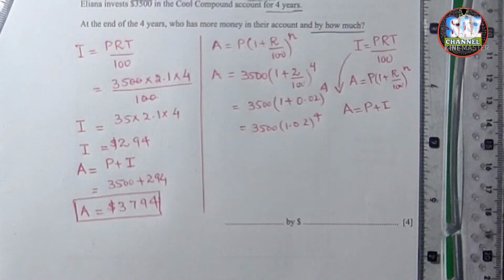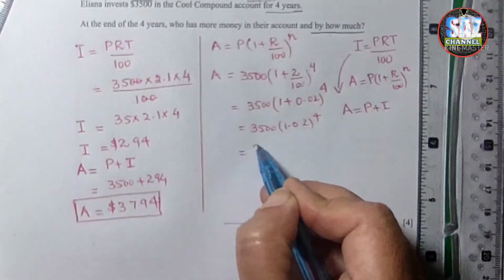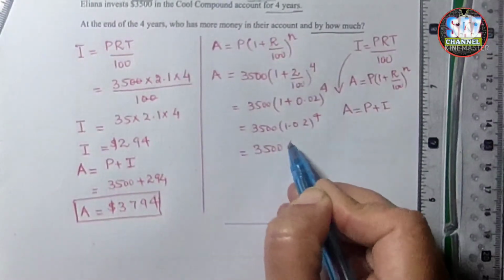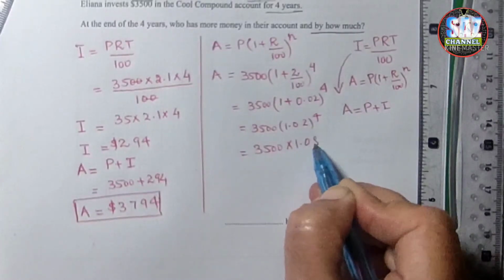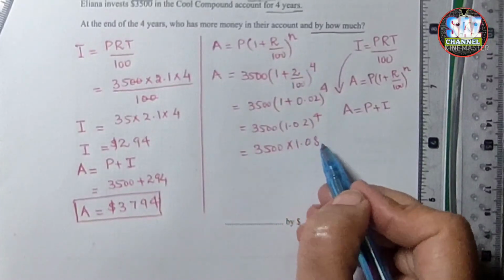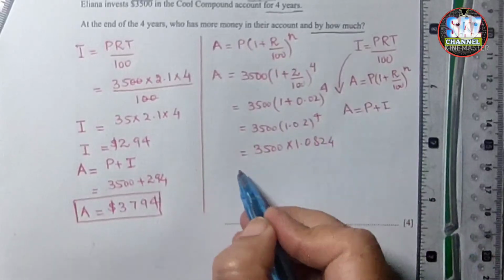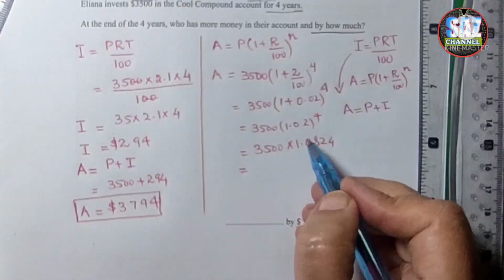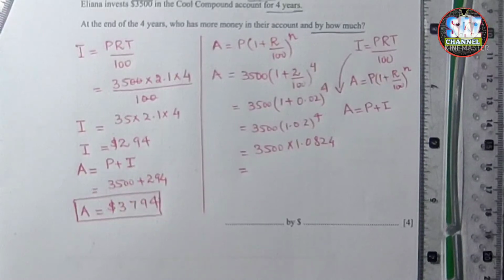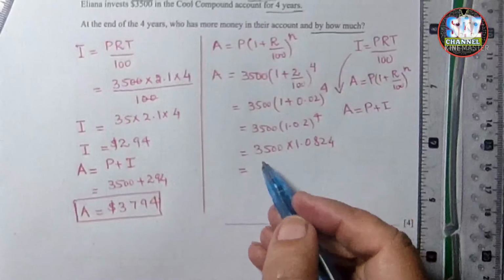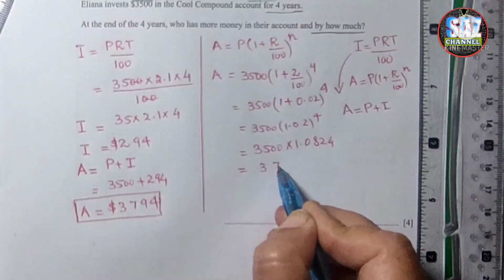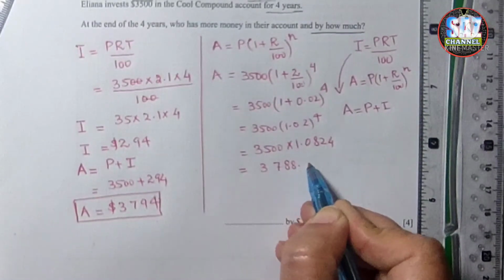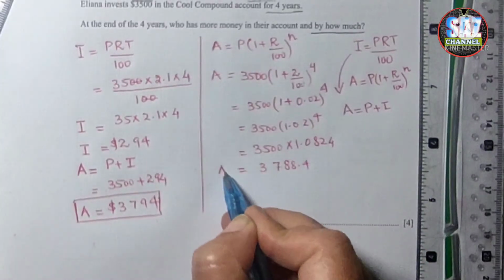Okay, 1.02 raised to power of 4 will give me 3500 multiplied by 1.0824. 1.0824 multiplied by 3500 gives me the 3788.4 amount.